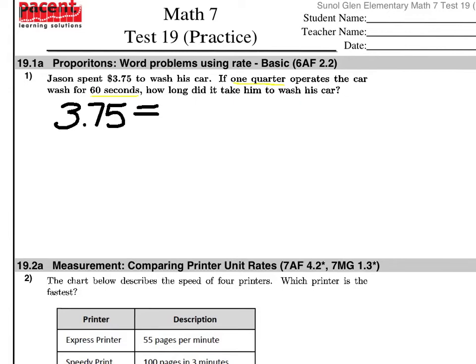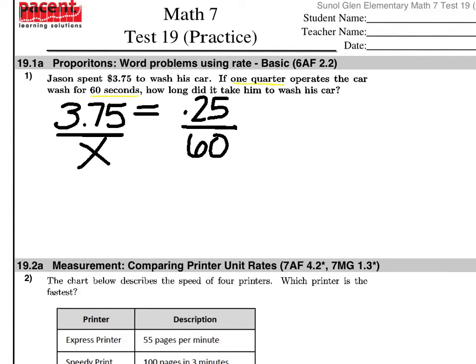So if 1/4 is 60 seconds, we could write that as a proportion. We can say that it is 25 cents over 60 seconds. And what we're asking is, how long did it take him? Okay, and so this is our algebra equation.